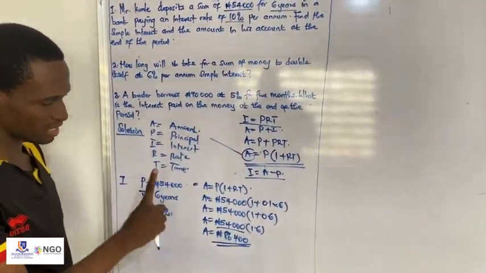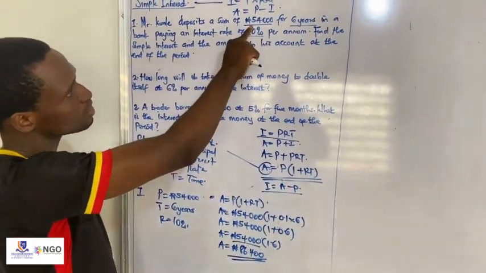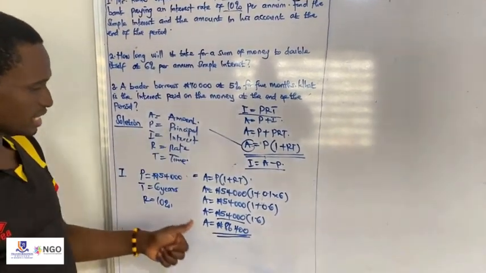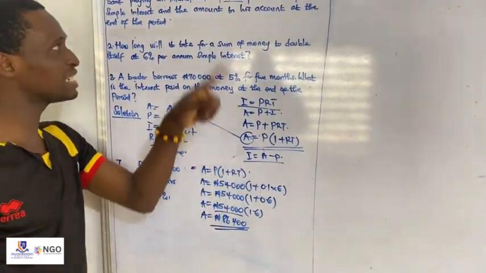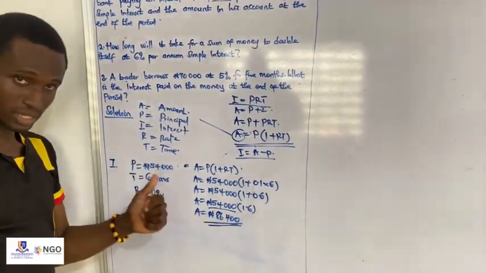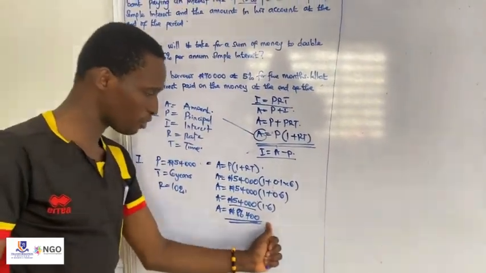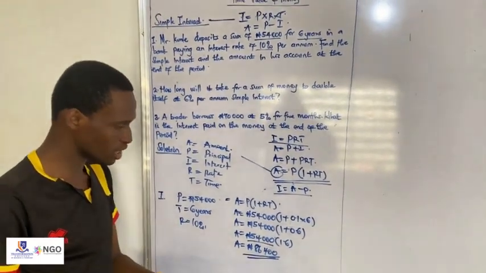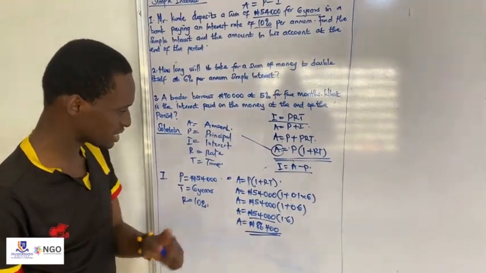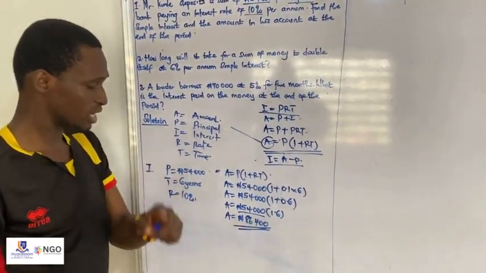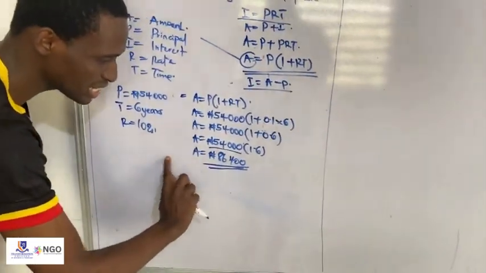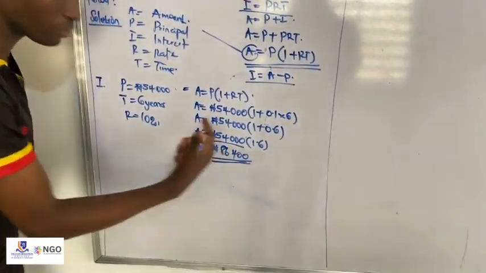So at the end of 6 years, 86,400 is the total amount Mr. Kunle will be getting from the bank for investing the sum of 54,000 naira.